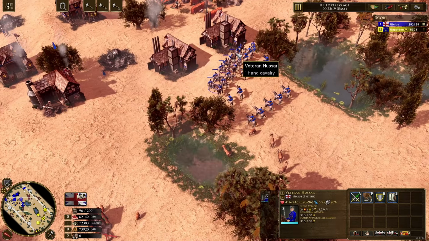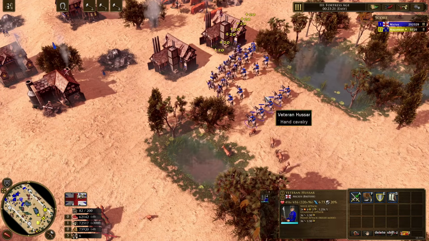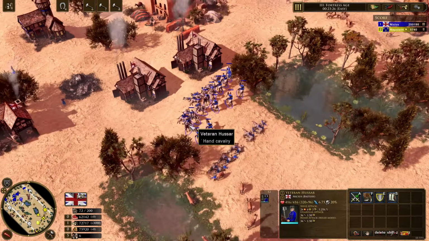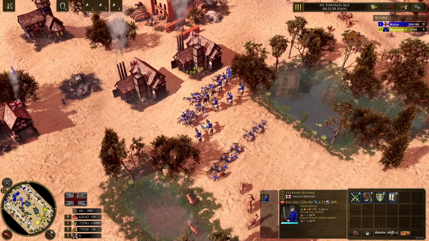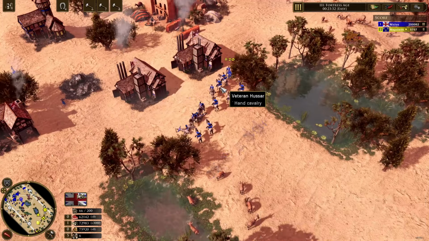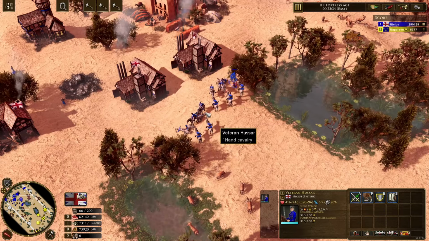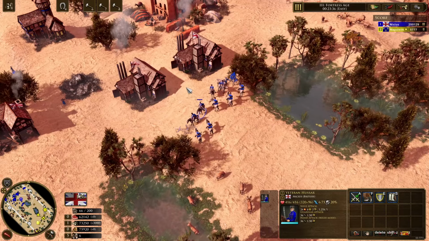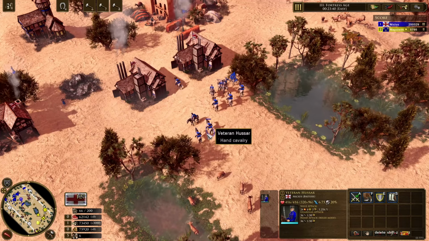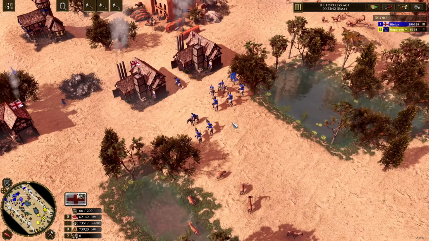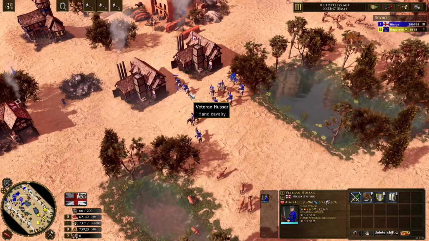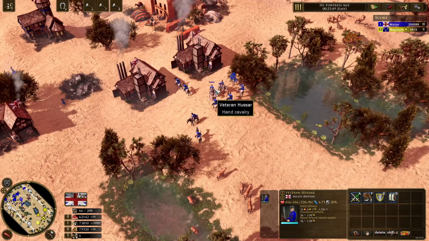For the sake of demonstrating, I'm going to decrease the volume of the engagement, where one Hussar fights each Hussar, there we go. And once one Hussar is low on HP, what you can do is move the Hussar back, and most of the time, two or three other cavalry units are going to follow that unit, while these three units are not going to attack.